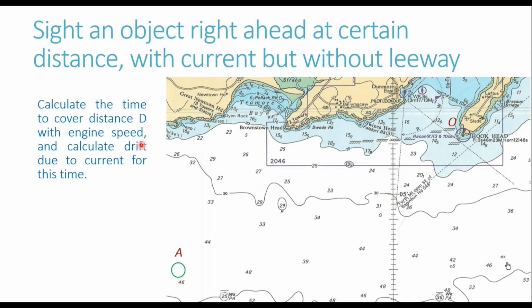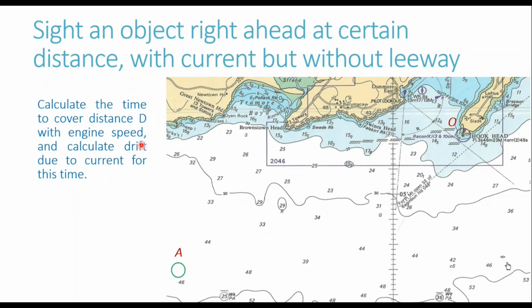Once the time is known, we now have to calculate the drift of the current. The set and rate of the current is given to us. We know the rate, but we need to calculate the drift of the current. The drift is to be calculated for how much time?